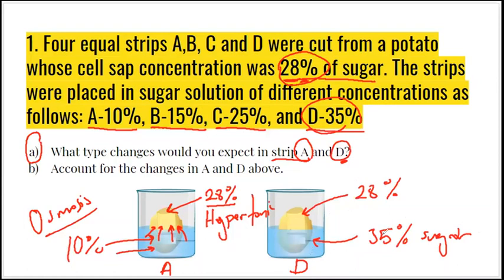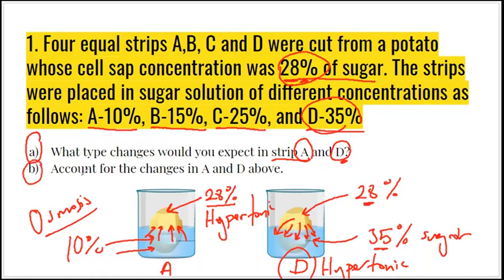Now things have changed. 35% is more than the concentration of the potato's sugar, so now solution D is hypertonic to the potato strip. That's why the potato is going to lose water, or water molecules are going to move to solution D through the process of osmosis. That is exactly what happened to strips A and D.